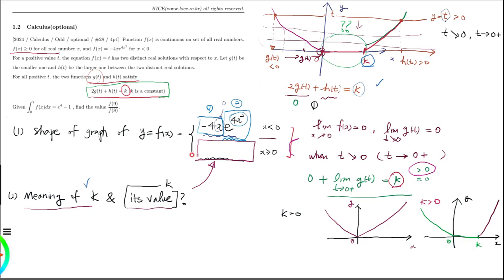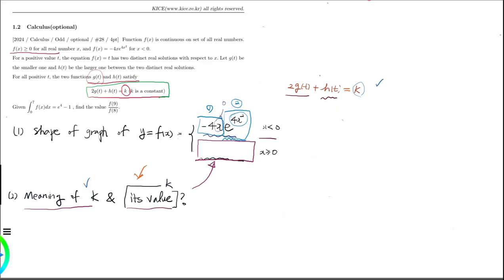Okay, next part: what is the value of k? Let me erase this part. Here is what we have figured out till now.